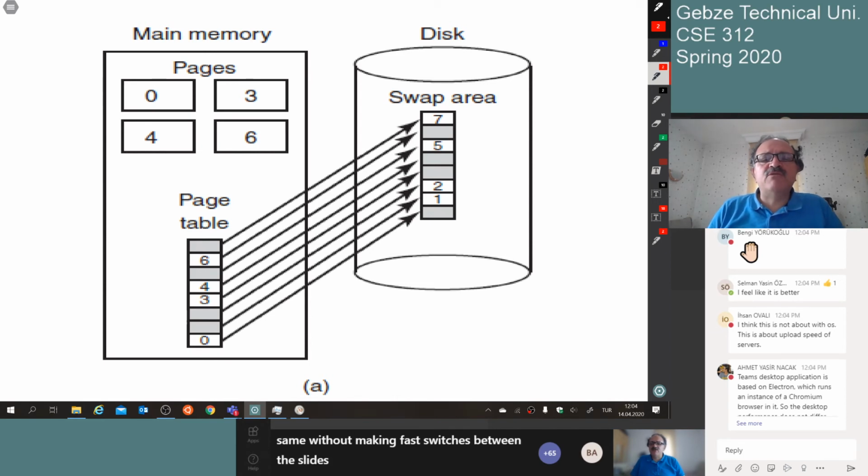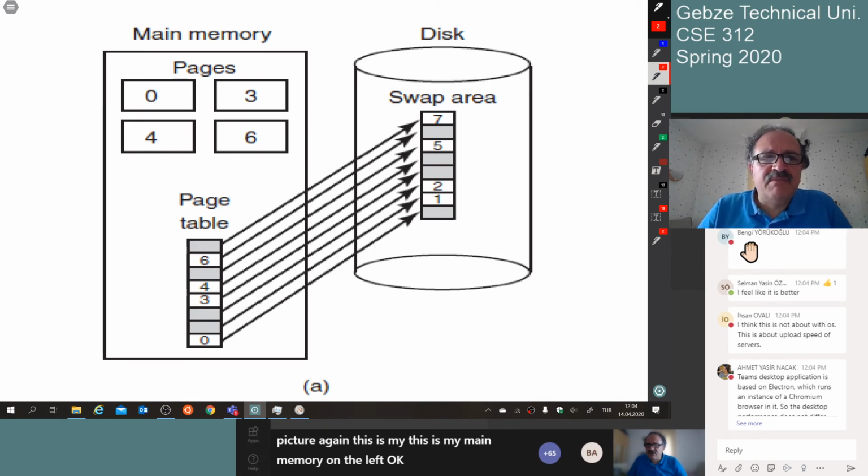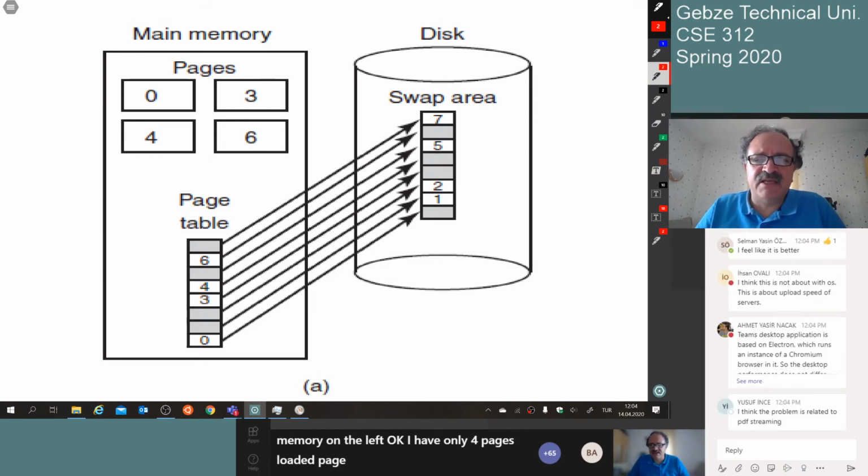So when we come back to this picture again, this is my main memory on the left. I have only 4 pages loaded: page number 0, 3, 4, and 6.